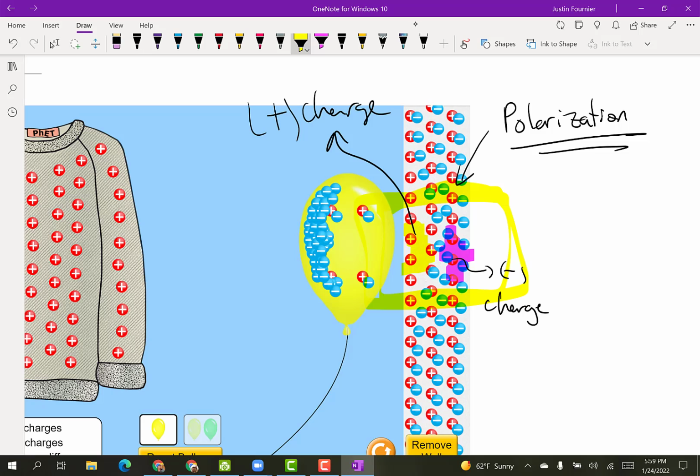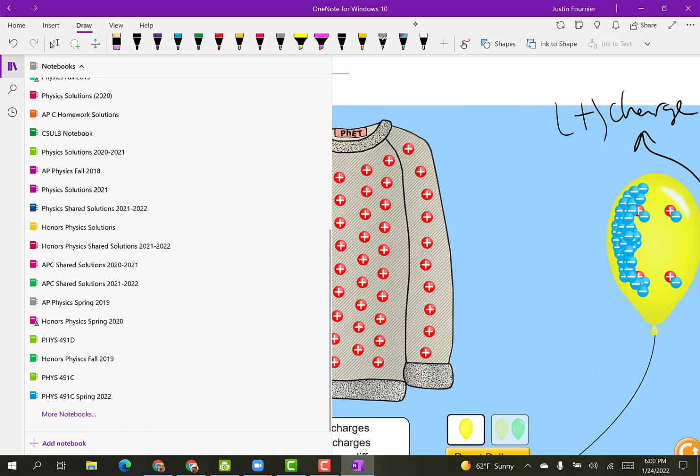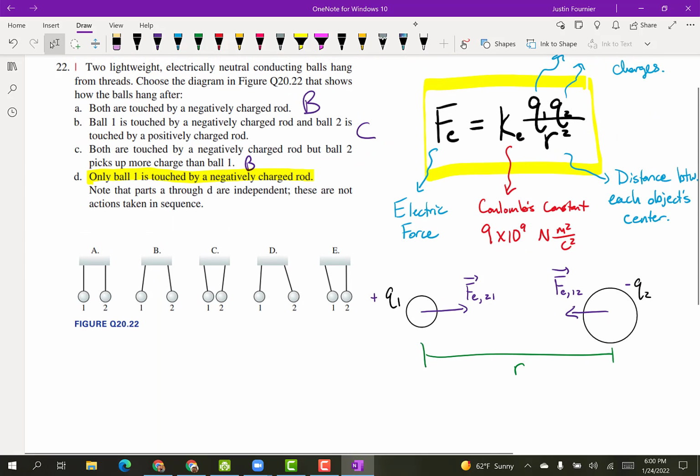The wall gets polarized so that part of it becomes positive and the other part becomes negative. That's what we're going to see here as well.